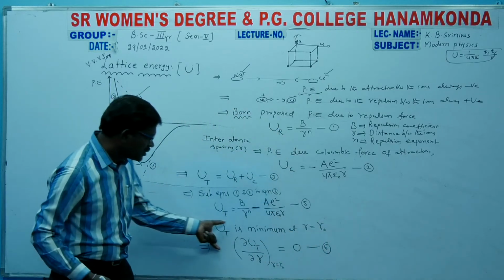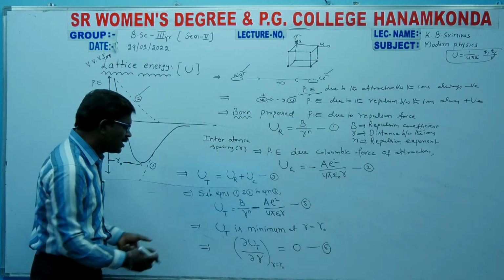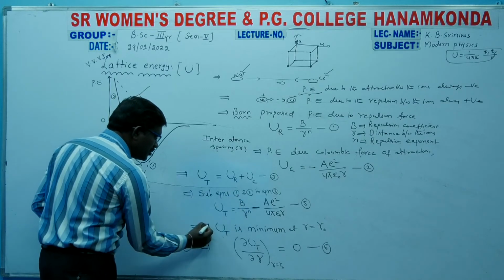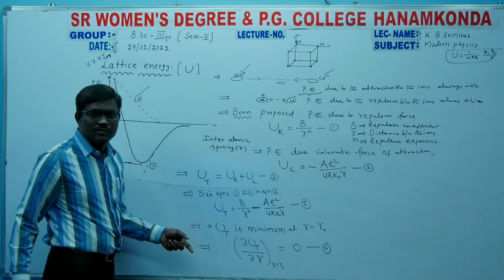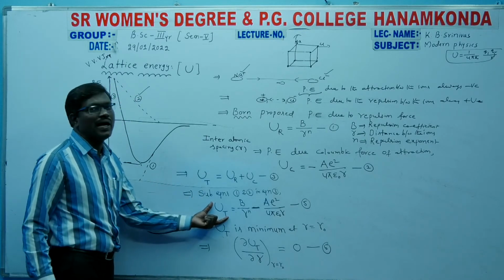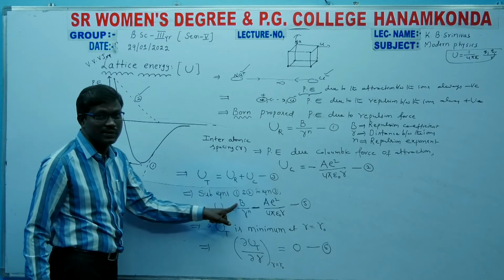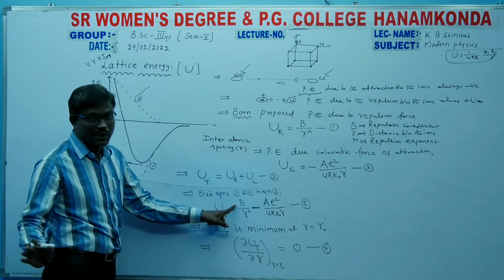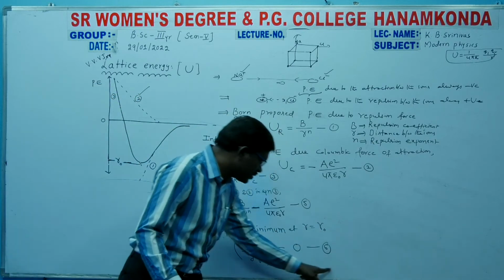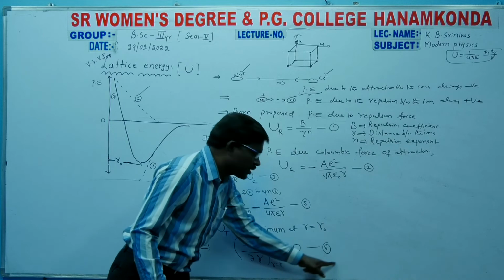Why am I considering this case? To calculate the B value individually, I am using this case. Clear? Right. Ultimately our aim is to calculate the UT value only. But B is a constant. We have to find out the B value separately. To calculate the B value separately, I am considering this case.